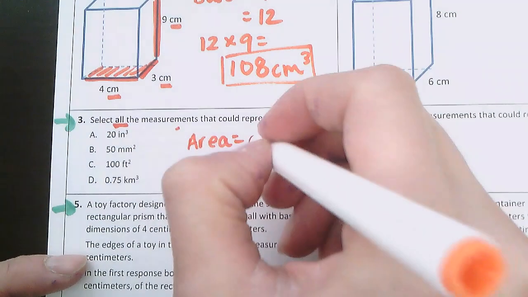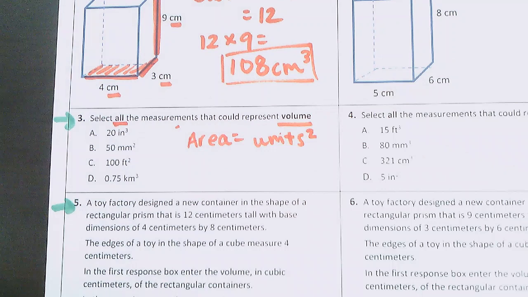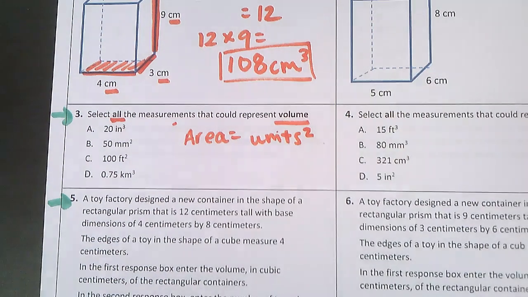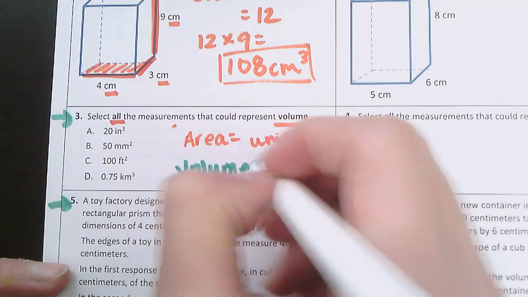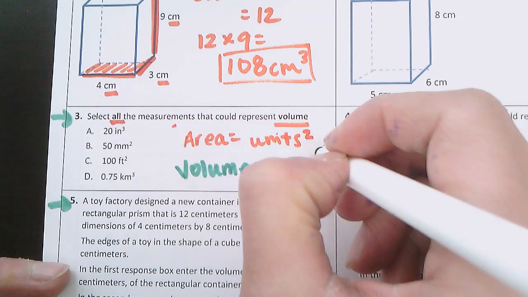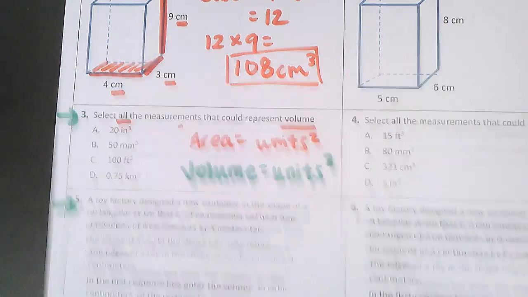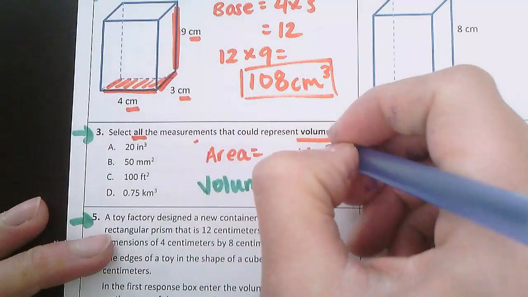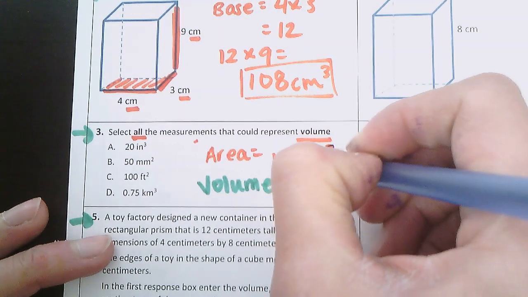And area is always the units squared, like a little 2 at the end. Volume is whatever the units is cubed with a little 3. Sorry, that's not very clear. I'm going to go over it with another pen so you can see that this is a 2 and that's a 3.